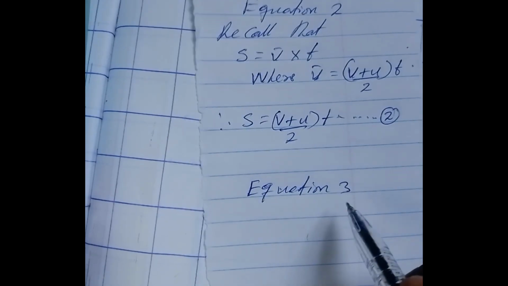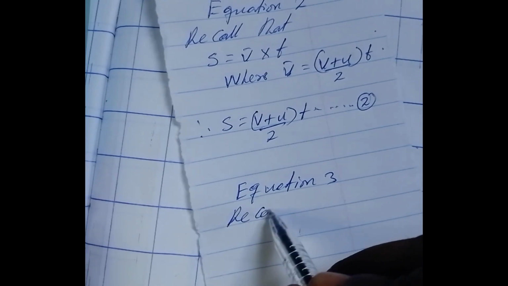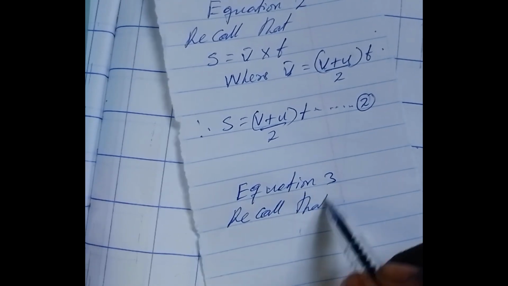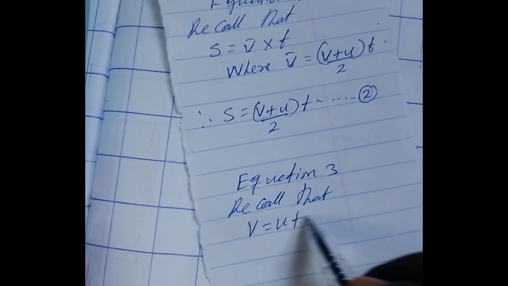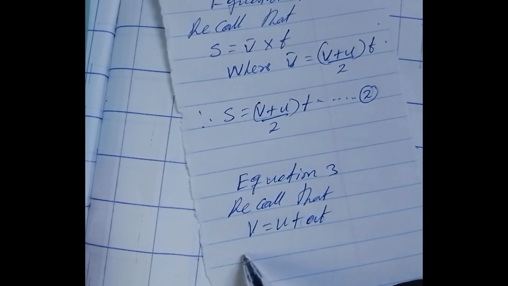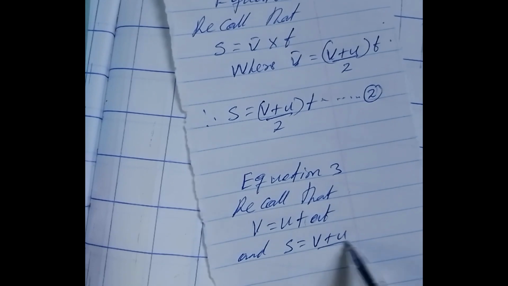Equation 3. So we recall that v equals u plus at and s equals (v plus u) over 2, close bracket, t.